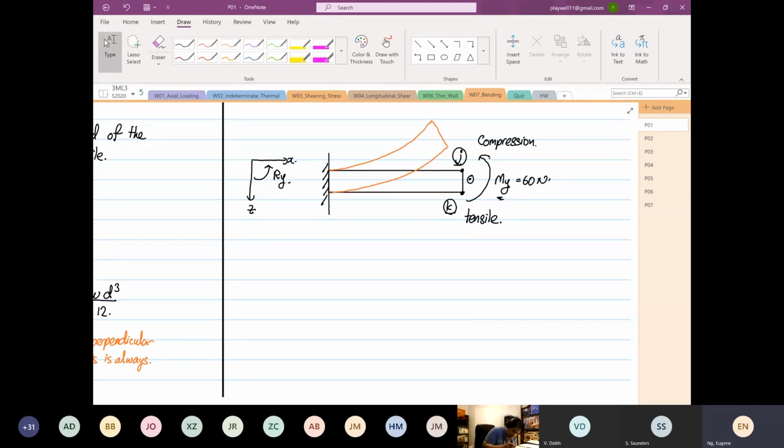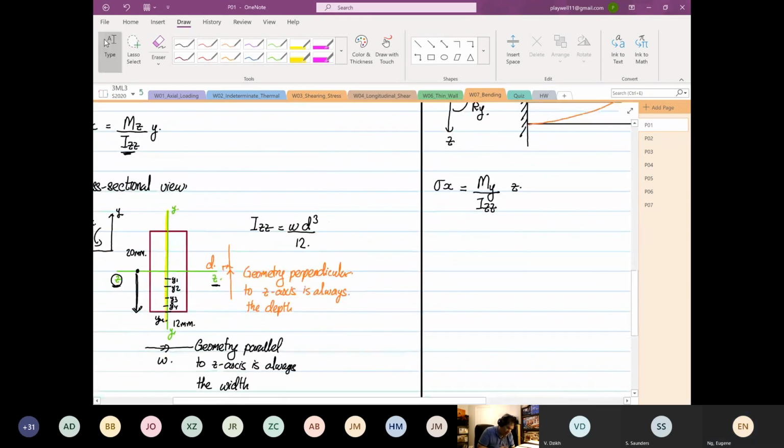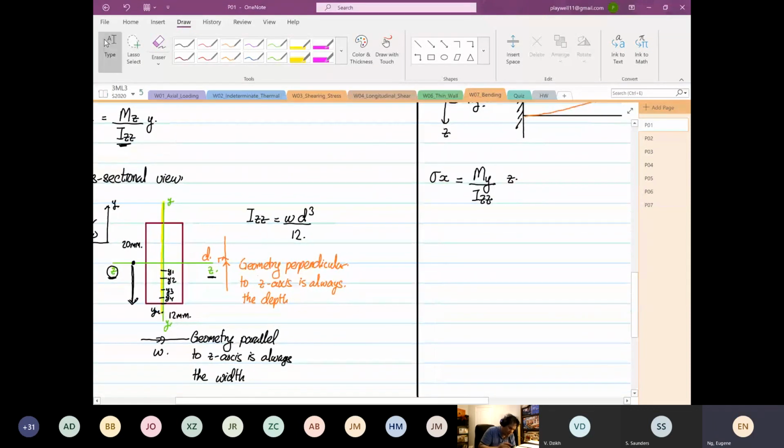X direction still. So the normal stress in the X direction will be equal to My over Iyy multiplied by Z. Sorry, My. What am I talking about?